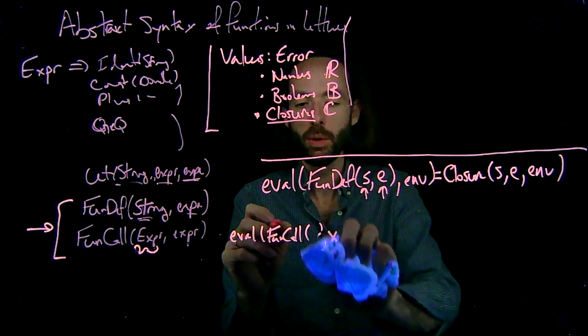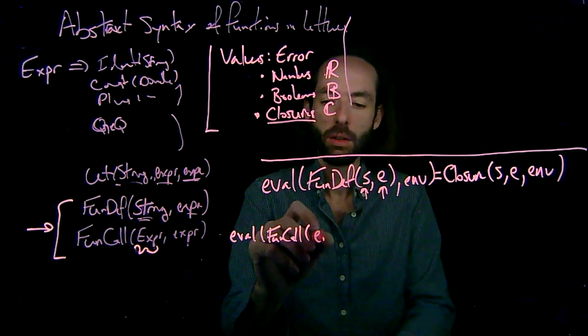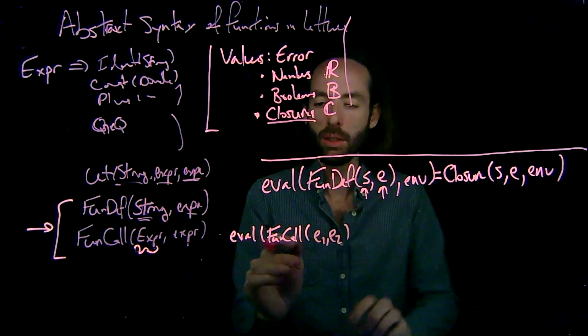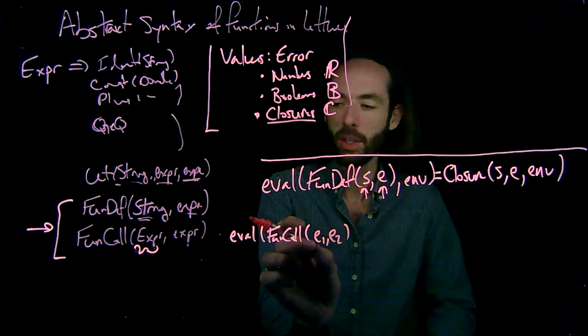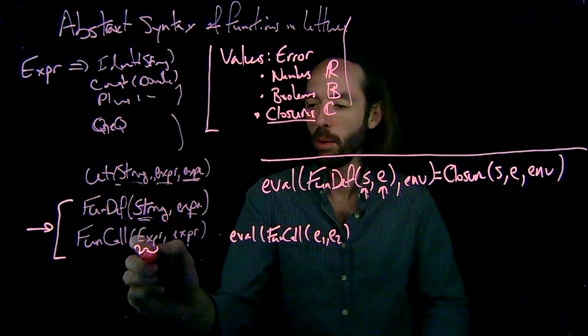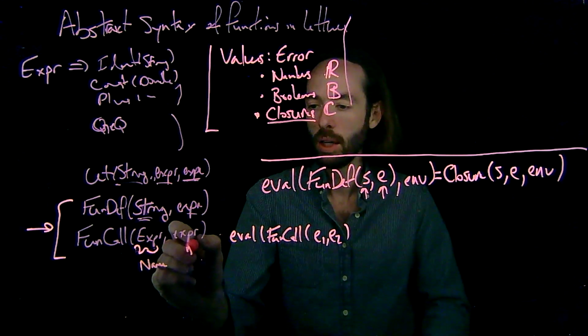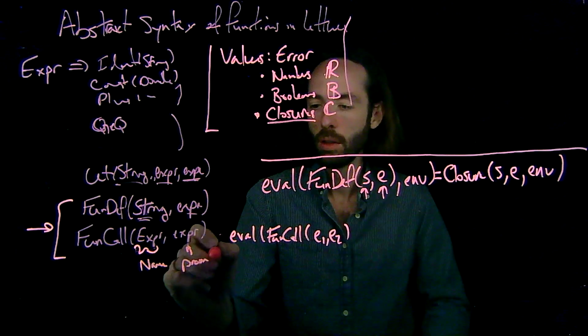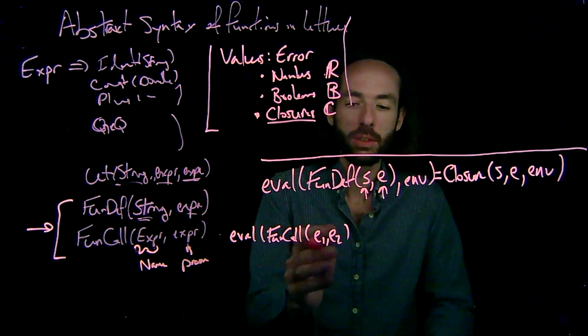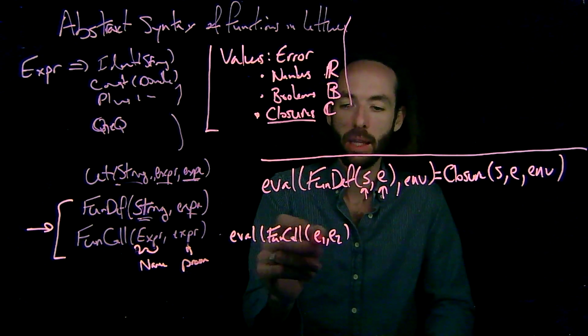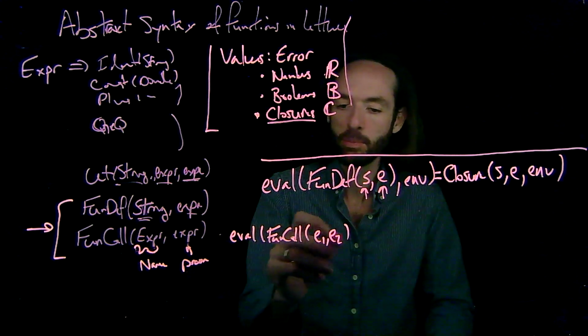So let's call it e1 and e2. Kind of want to keep it a little vague, right? Because even though we sort of know that that should be the name of the function and then the parameter, we don't actually know quite what they are. They're just expressions. We'll have to deal with some error cases if it fails, right?